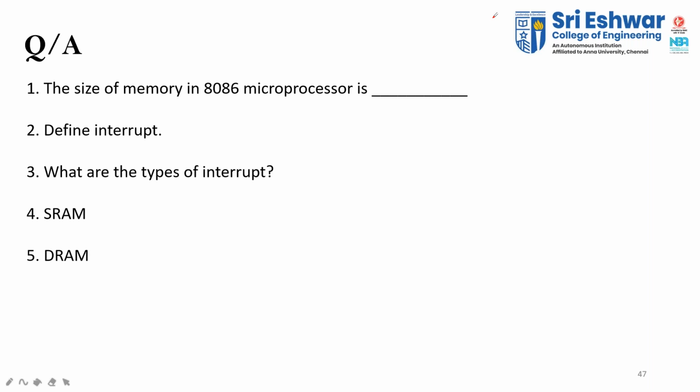We have interrupt 0, 1, 2, 3, 4. That is divide by 0, non-maskable, single step, non-maskable, breakpoint, overflow. Okay. These are all basic types of interrupts, out of which we can generate 256 software interrupts in 8086.